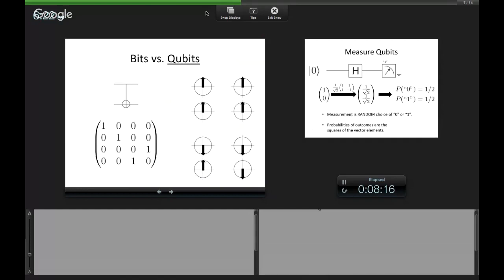But this gate is called the C-NOT. I didn't write it on the slide, so I'll just write it down here. It stands for controlled NOT gate. What it does is we have a control bit, which is in the top rail here, and when it's a 0, it does nothing to the bottom rail.